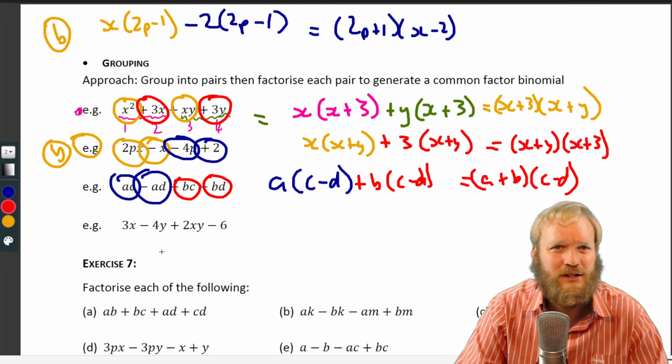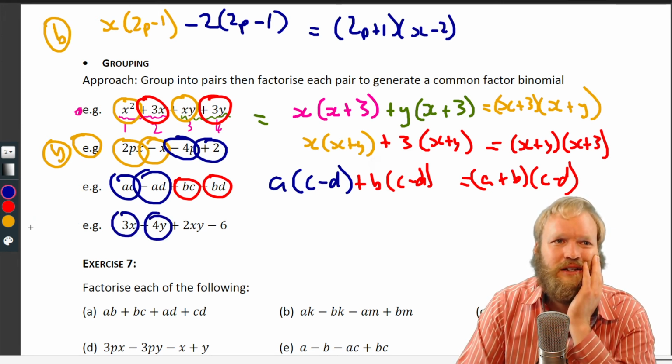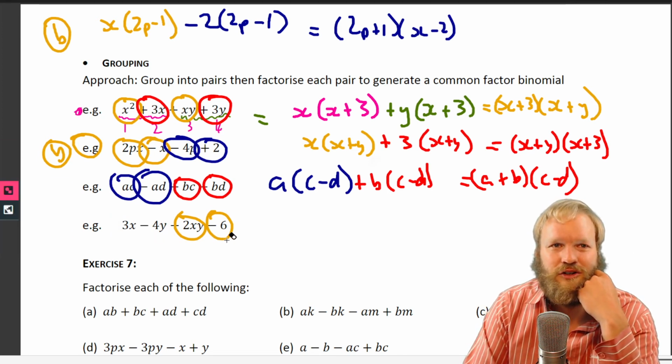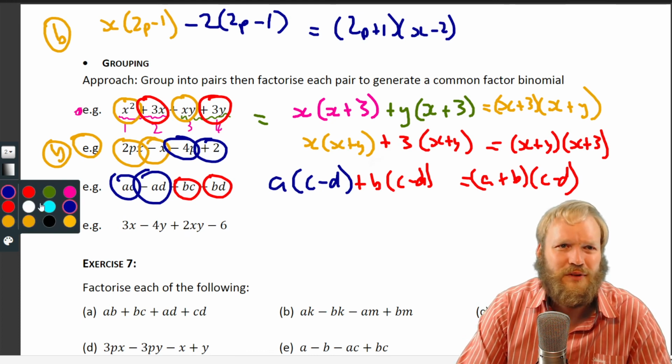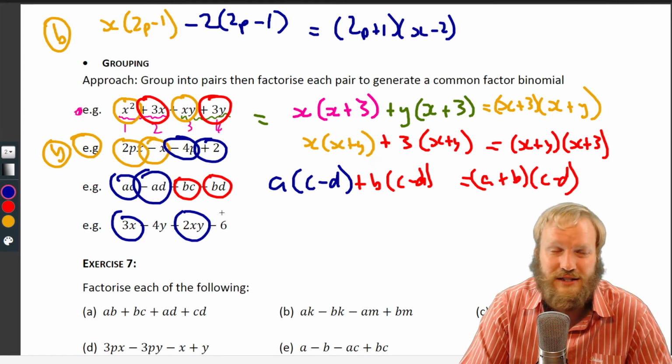Okay, and then this last one, we definitely need to think about this, because if you went with that and that, there's nothing common. And those two, well, there's a 2, and then you're left with xy. So here we definitely need to stretch our brain cells a little bit. Let's see, there are x's over here. So let's see where that takes us.